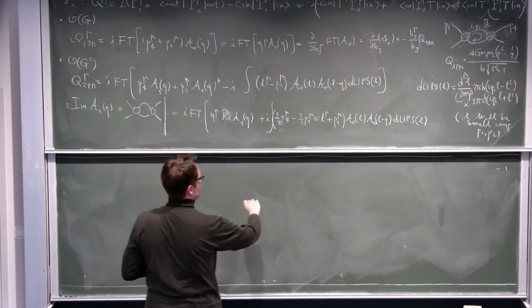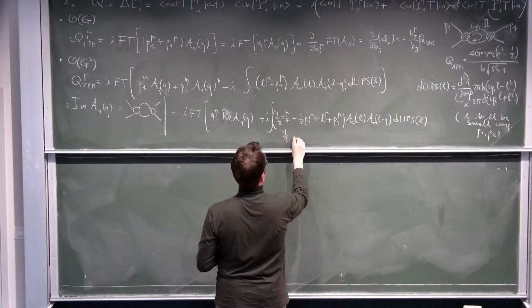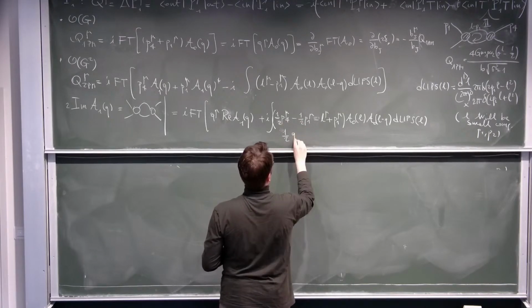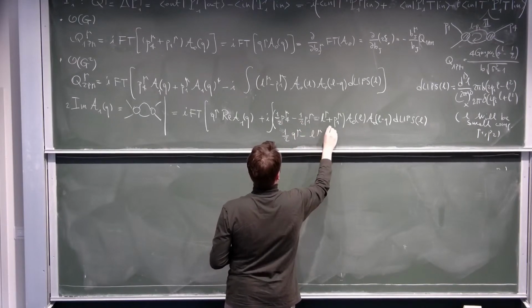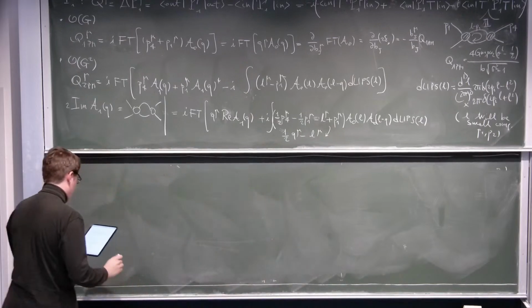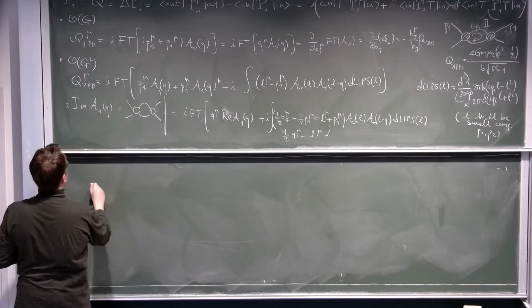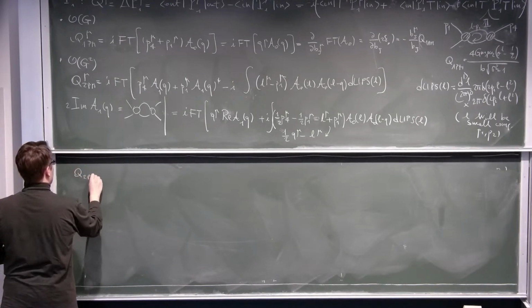Very good. So let's simplify this a bit. This becomes 1/2 q, right? Because we have p1 plus p4 minus L mu. So let me write this expression in two pieces. The first one is the one involving the real part.